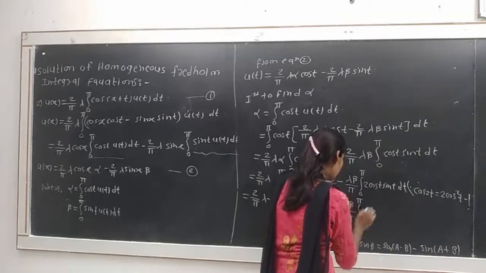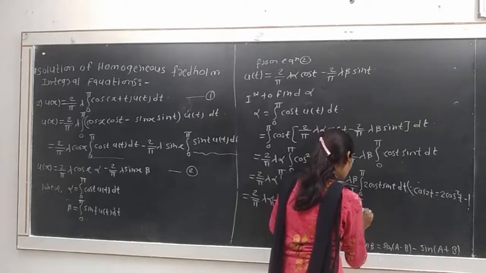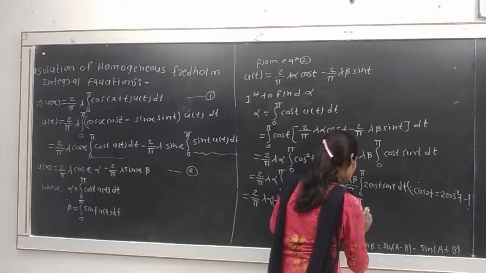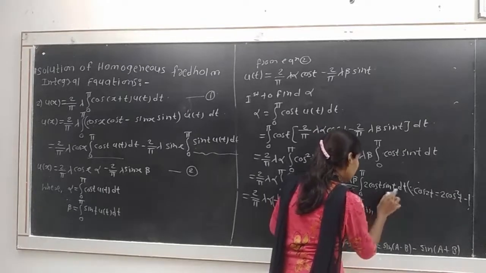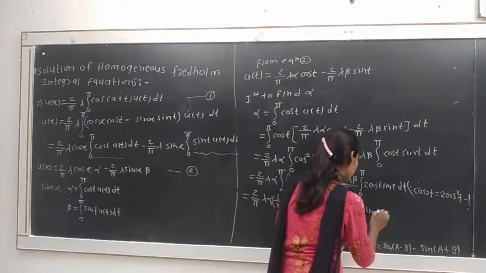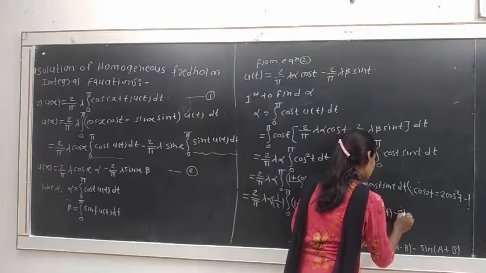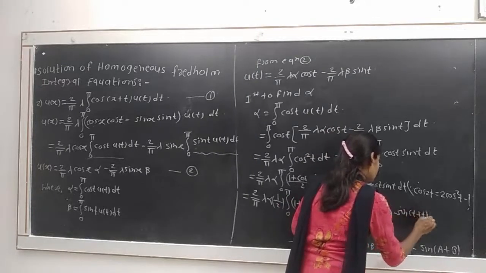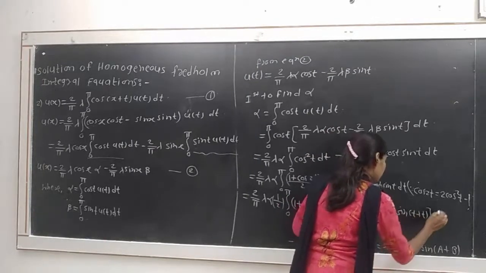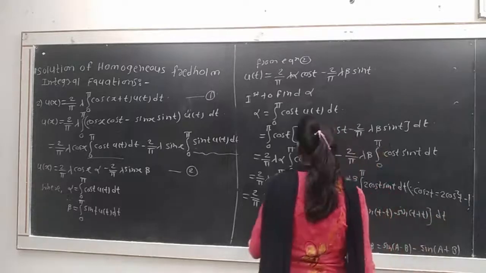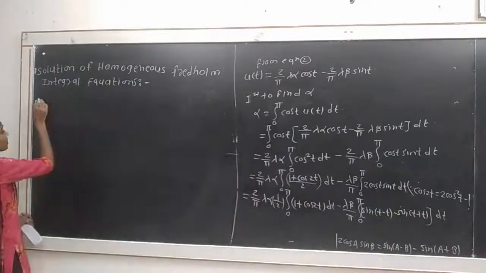Integration 0 to pi, a will be t, b will be again t. So we get sine of t minus t minus sine of t plus t in this bracket into dt. Then we solve this integral.